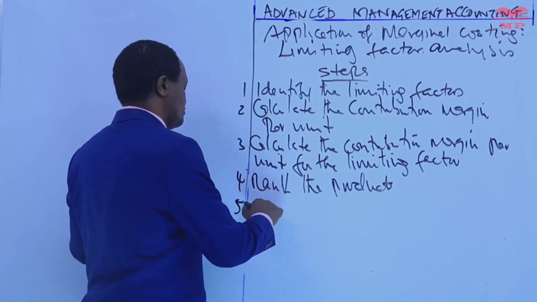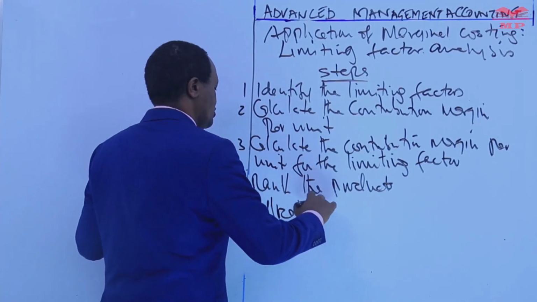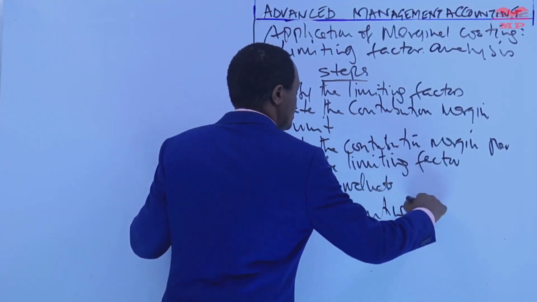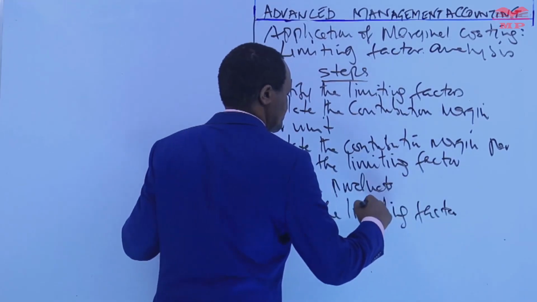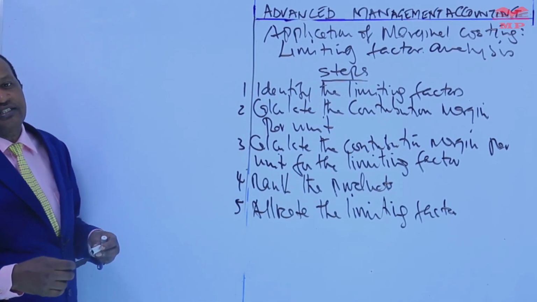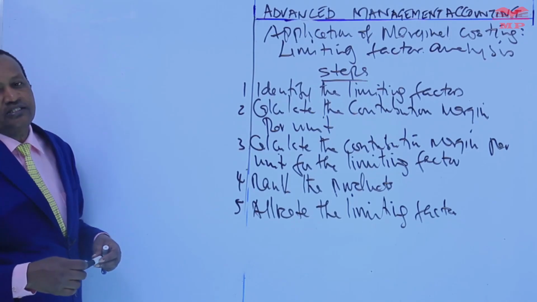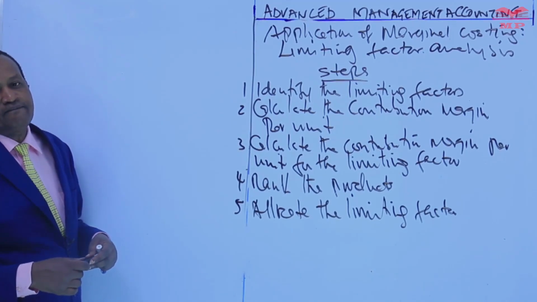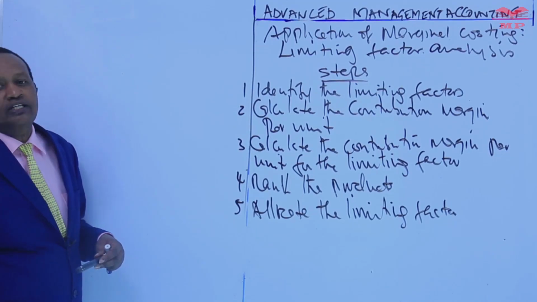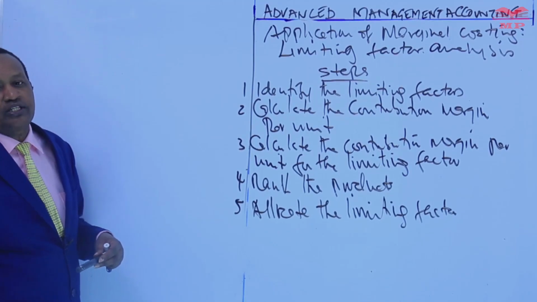Step 5, allocate the limiting factor. That is to mean just produce and sell the products in the order of their ranking until the limiting factor is exhausted.